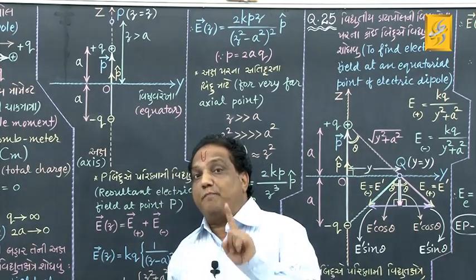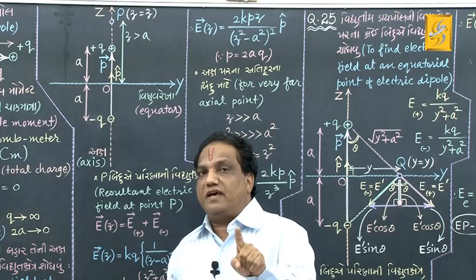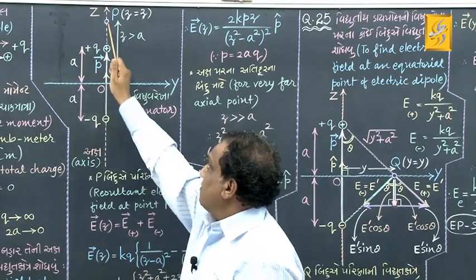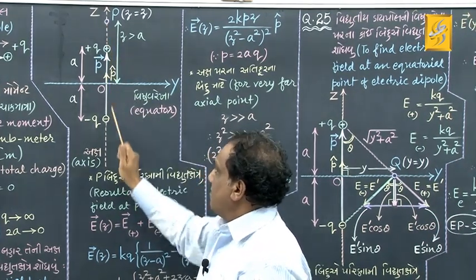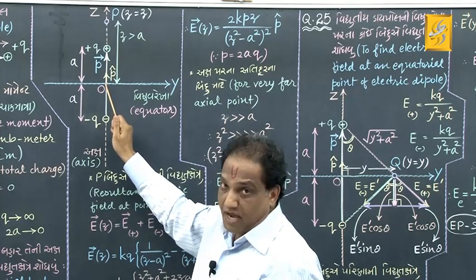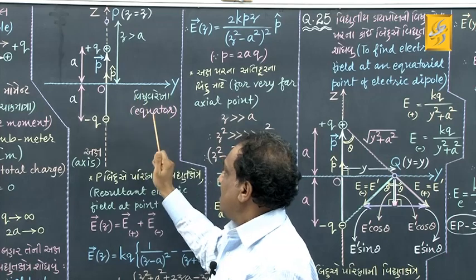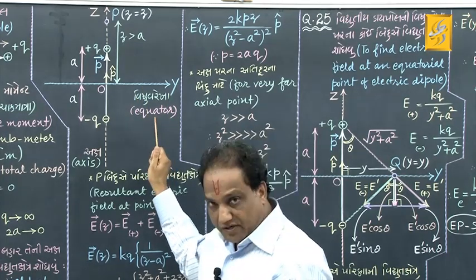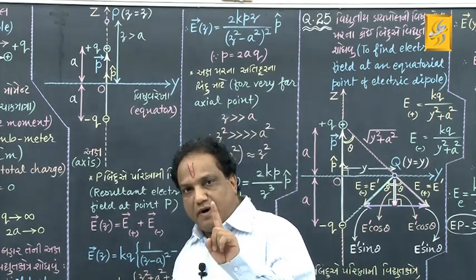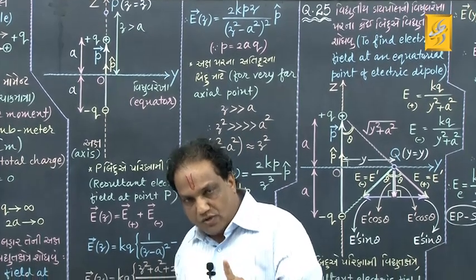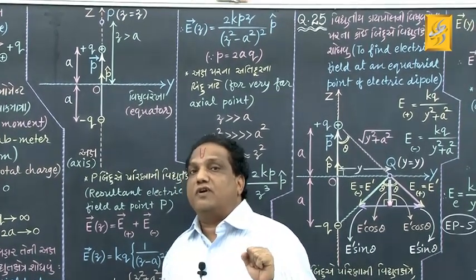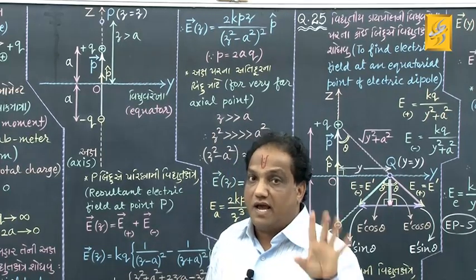An equator is the perpendicular bisector of the axis. Perpendicular to this axis and passing through the midpoint of this dipole is this line, and that line is called an equator. A perpendicular bisector of the axis of a dipole is called its equator or equatorial line.